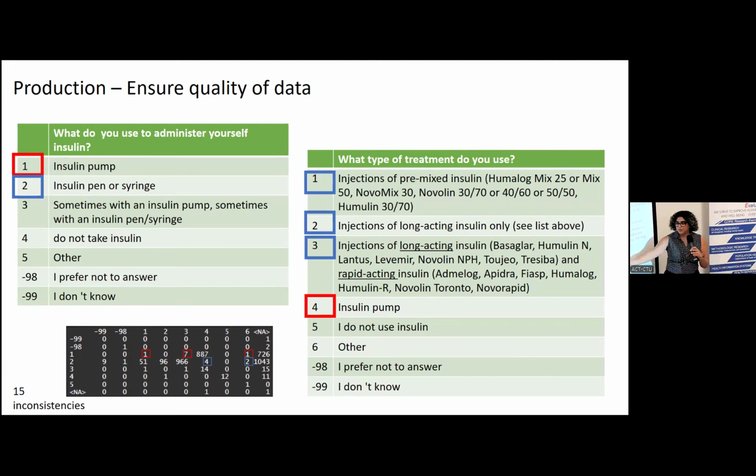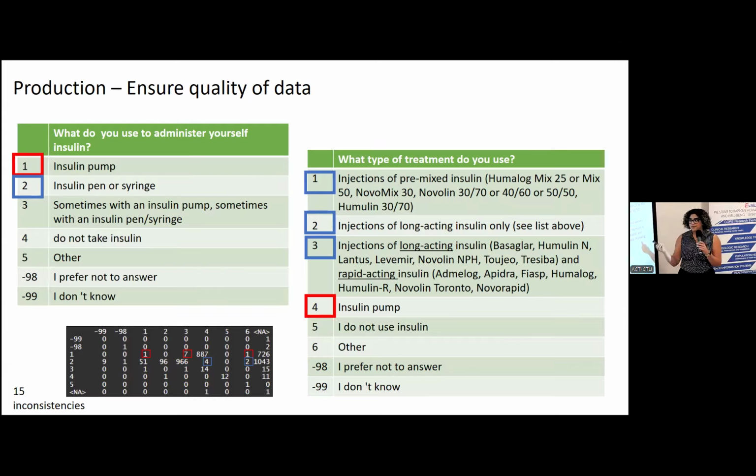So now what we do is we flag the participants with the inconsistent values, and we have a discussion with the study team. This needs to be a rigorous process of determining the best way to move forward, because every decision you take can impact your database in the end differently. So it's a matter of figuring out where the problem comes from.